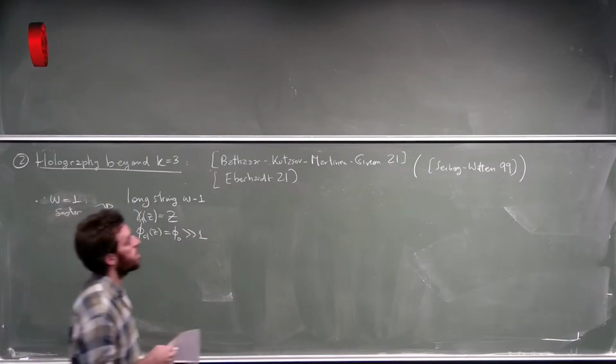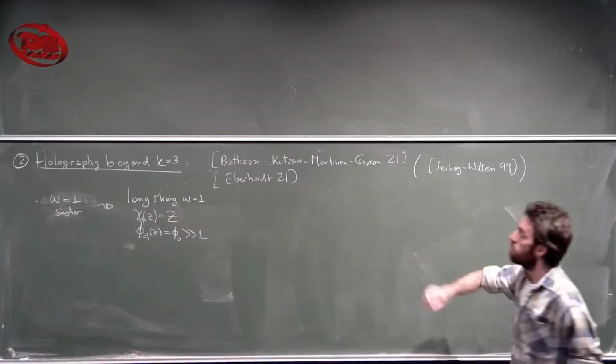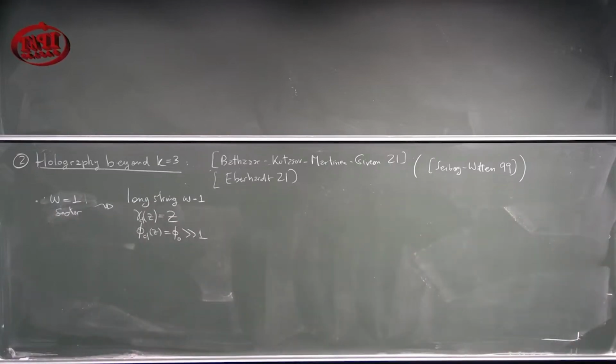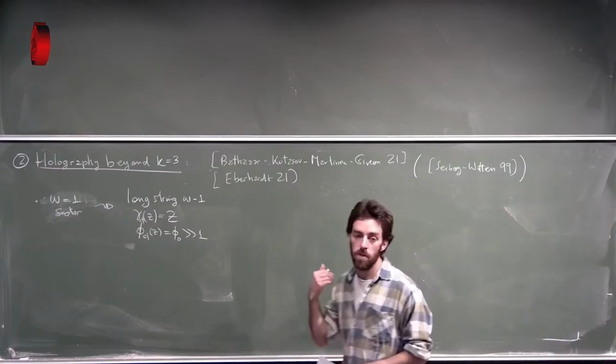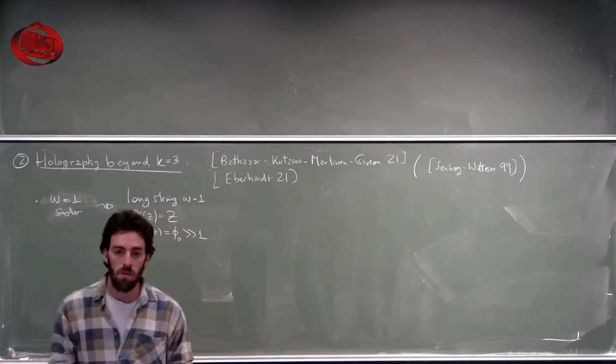So the idea of the paper by Seiberg and Witten long ago in '99 was to say, okay, let me try to give an alternative description of the long string.